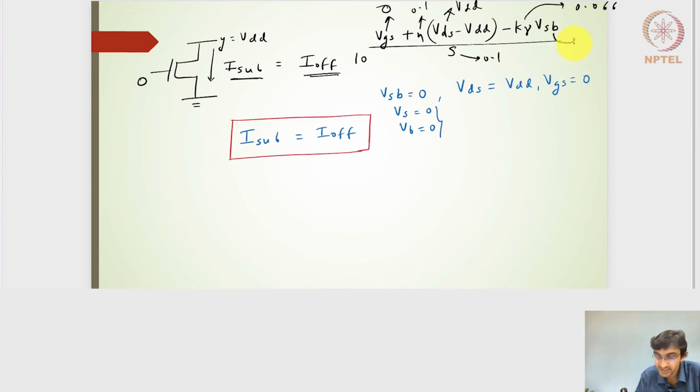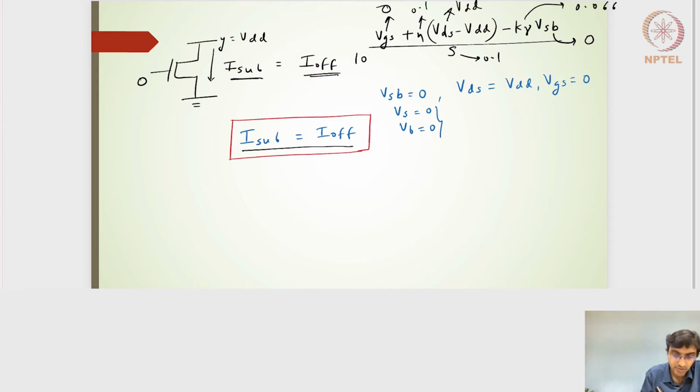And VSB, we will consider to be 0 if it is not given. If it is not given, we will assume the body of an NMOS transistor to be connected to the ground and the body of the PMOS transistor to be connected to VDD. So in that sense, VSB will be 0. With all these components, the numerator will be 0, so I'll be left with I sub equal to I off. So indeed, our definition of I off, which is nothing but I sub when the transistor is completely off, that means VGS is 0, is correct.